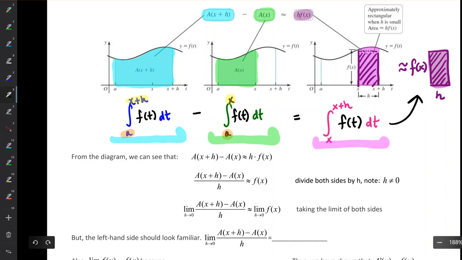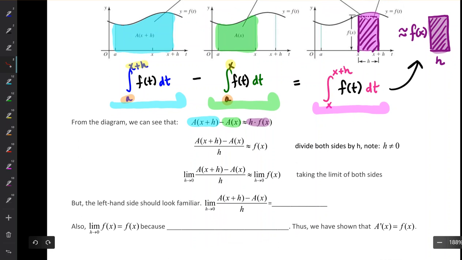And that's what's written right here in our function notation with that area so far function. Blue minus green is really close to f of x times h. If I divide both sides by h, which I can do because h is not 0, we're taking h to be a very small positive number, and then take the limit of both sides, this left-hand limit should look very familiar.